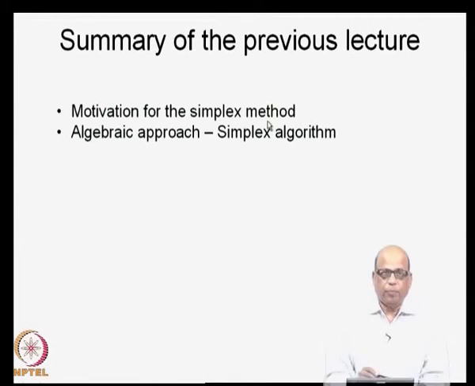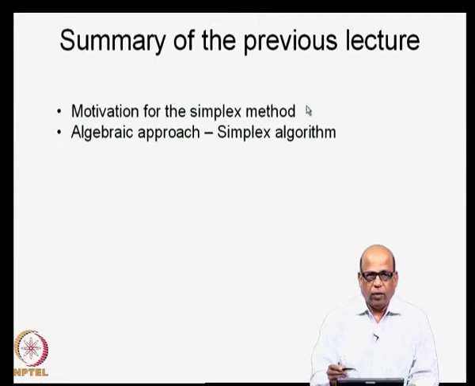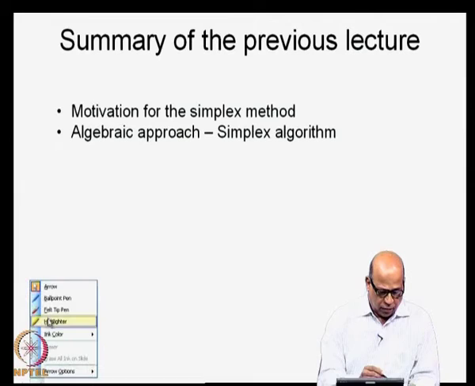So, in the previous lecture, we looked at the motivation for the simplex method through a simple example, and then we introduced what the basic variables are, what the non-basic variables are and so on. If you recall, we have n number of variables and m number of constraints.